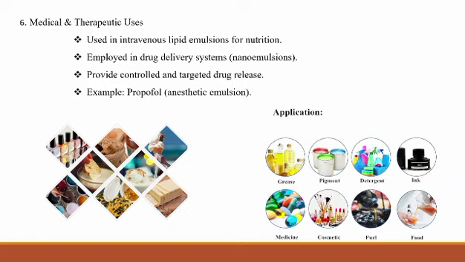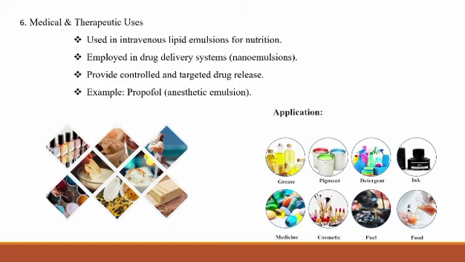So, in this picture itself, we can easily see that emulsion is used on the cosmetic side and in the food industry, like the preparation of creams, mayonnaise, butter, and it is used to mask the bitter taste of cod liver oils. This picture indicates the various applications of emulsions.